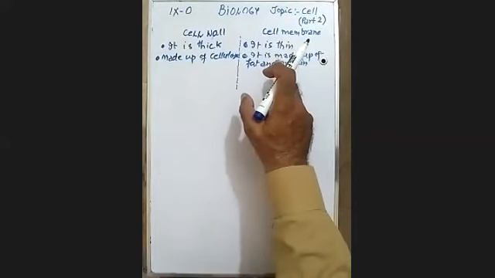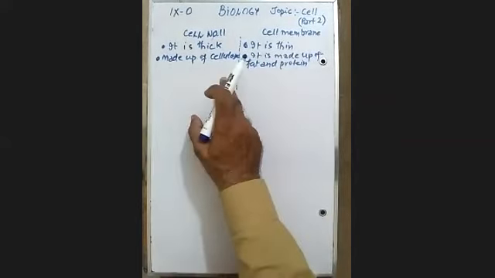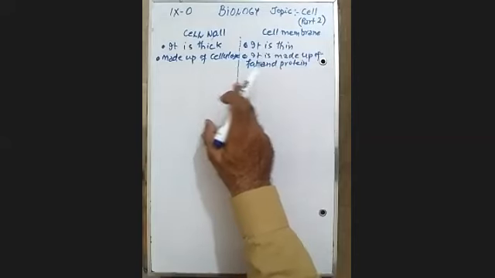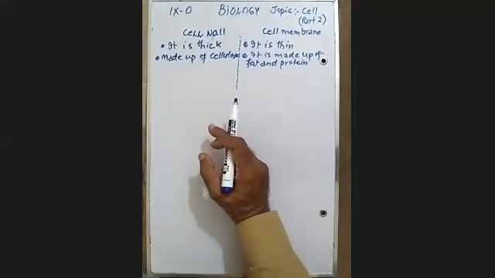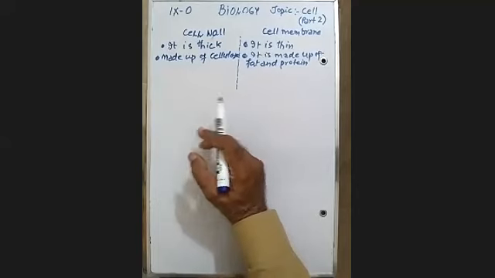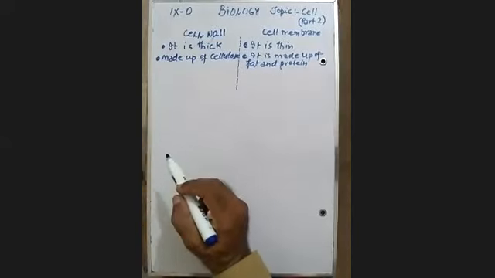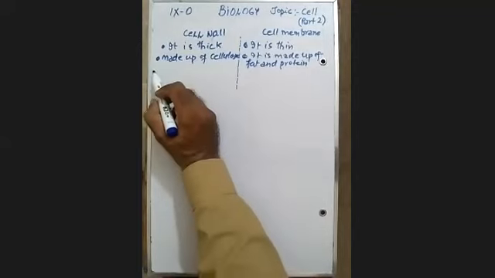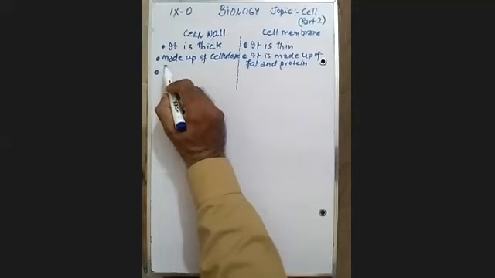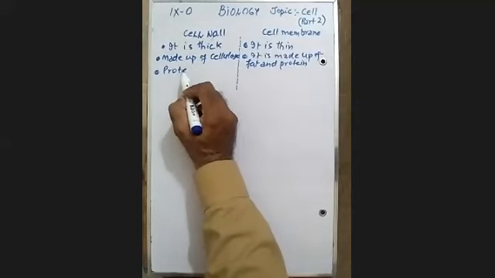Cell membrane, thin in structure. Cell wall is made up of cellulose, a type of carbohydrate, and cell membrane is made of fat and protein. The third point: what does the cell wall do? It protects the plant cell.